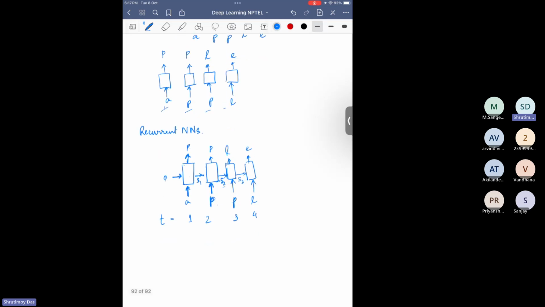Also, one thing I noted is that because this is a neural network, we have some weights. In the class, I think these weights were referred to as U, these weights were referred to as W, and these weights, because these are connections, were referred to as V, right? So you can just aggregate this whole architecture and just say you have a neural network of this form.